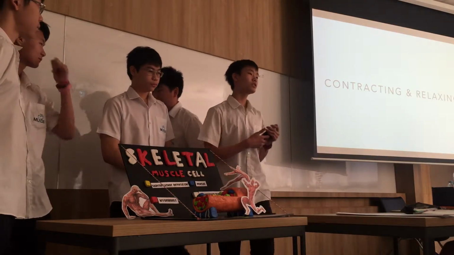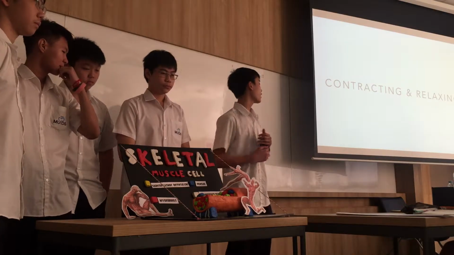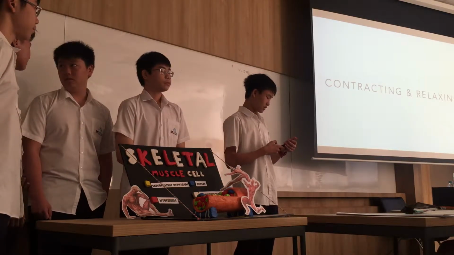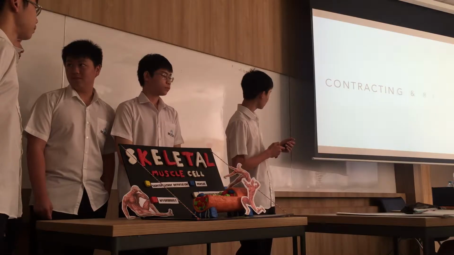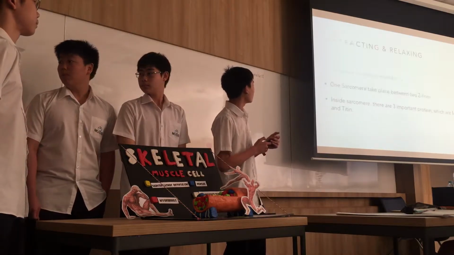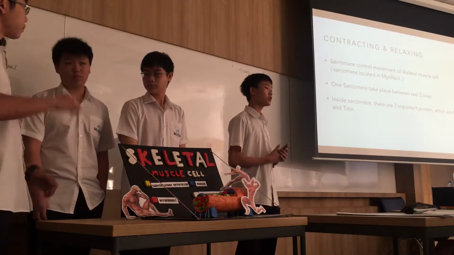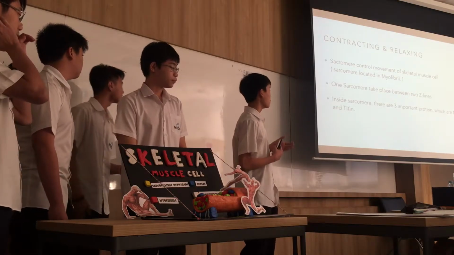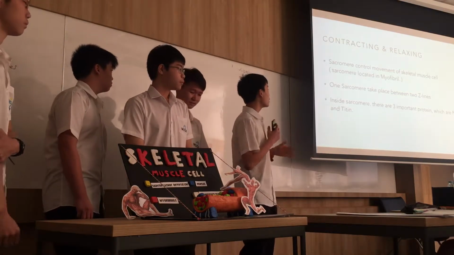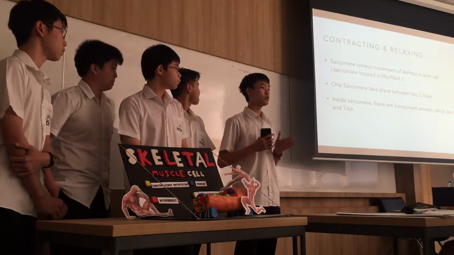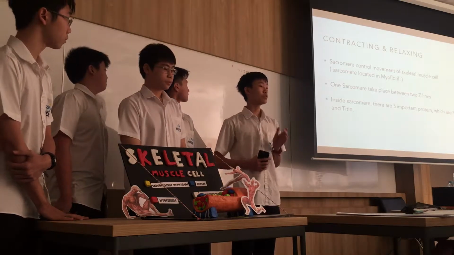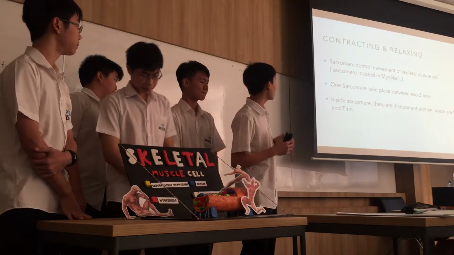So next, I'm going to talk about the contracting and relaxing function. Contracting and relaxing occur inside the myofibril. Inside the myofibril, there is a small unit called a sarcomere.